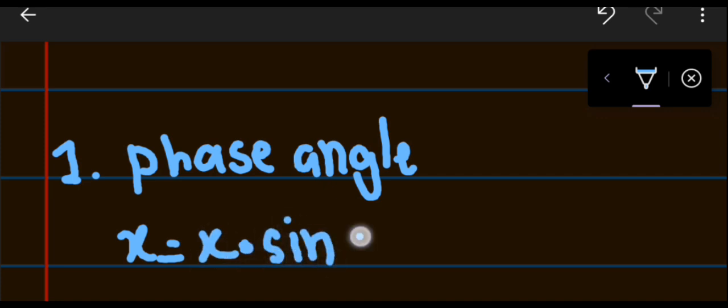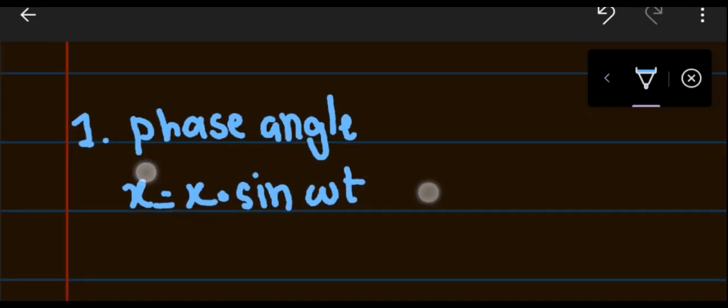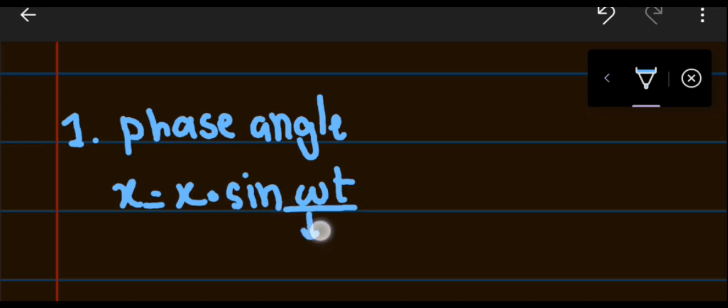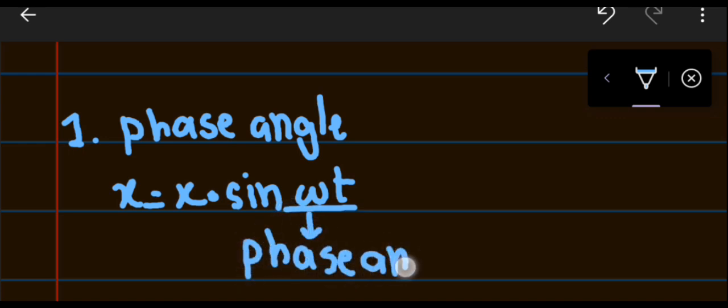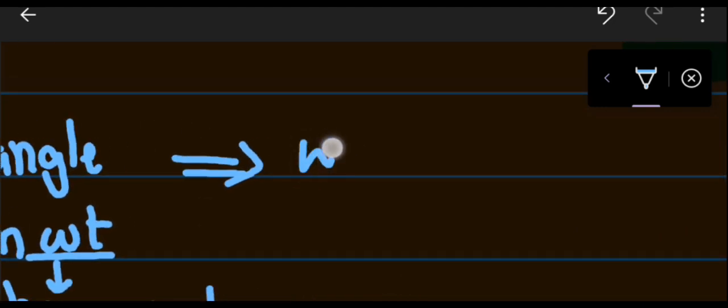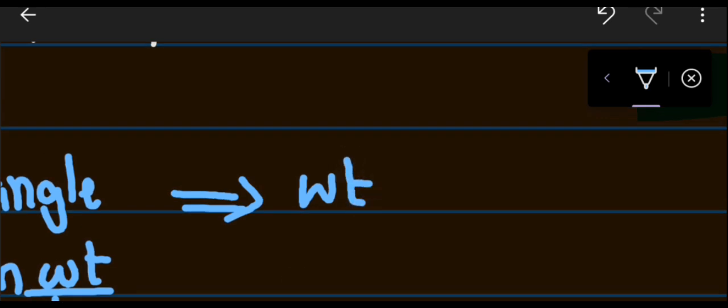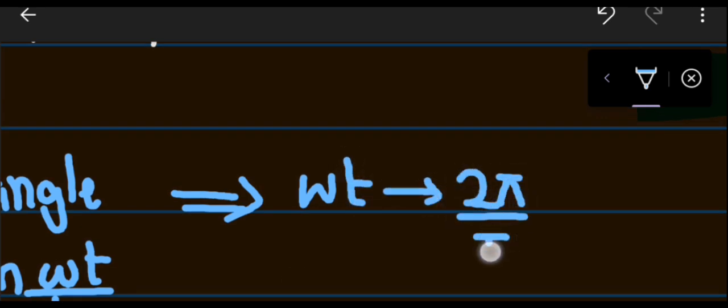As I told you in the previous lecture, this omega t is the phase angle. So we have to find omega t. We know omega is 2 pi by T, multiplied by t.